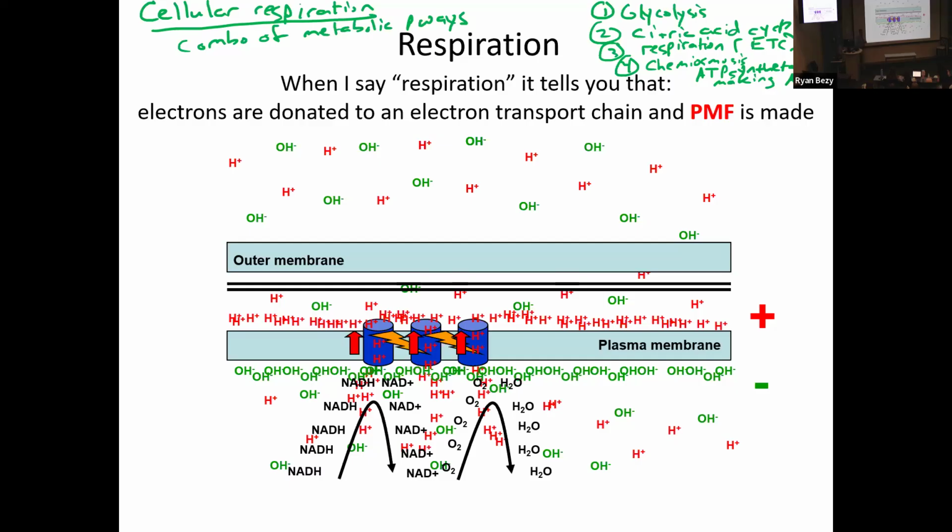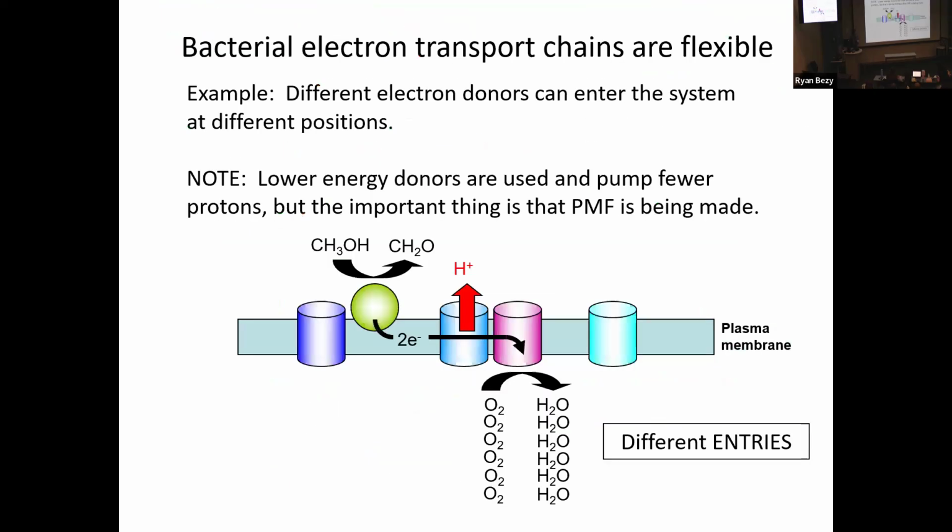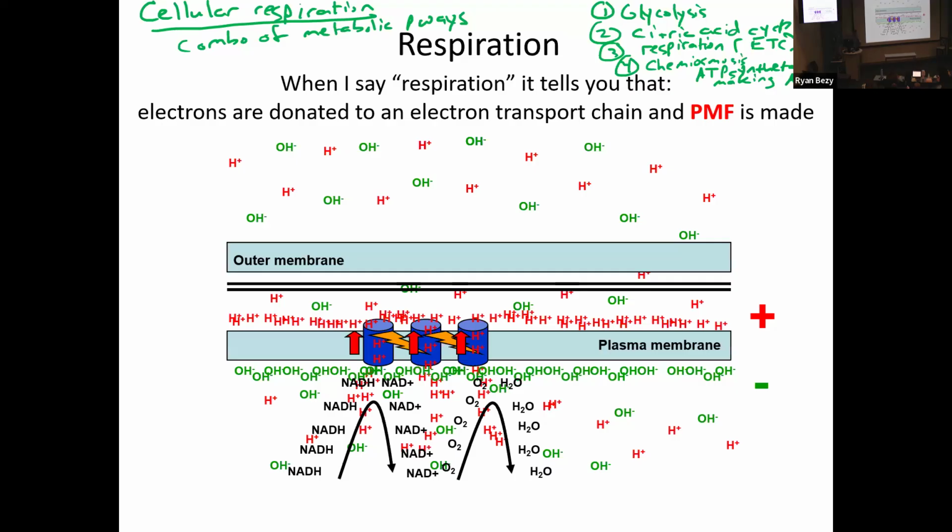When I say the term respiration by itself, it's just that one part. Cellular respiration is all of those added together. Now, when I say respiration, it means electrons are donated to an electron transport chain and a proton motive force is being made.